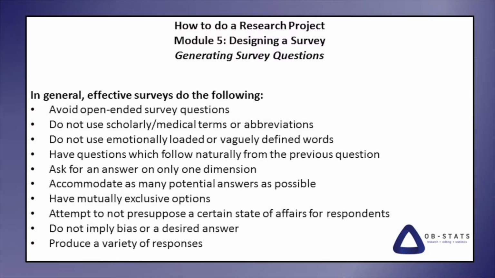In general, effective surveys avoid open-ended answers, do not use scholarly or medical terms or abbreviations, do not use emotionally loaded or vaguely defined words, have questions which follow naturally from the previous question, ask for answers on only one dimension, accommodate as many potential answers as possible, have mutually exclusive options, attempt to not presuppose a certain state of affairs for respondents, do not imply bias or a desired answer, and produce a variety of responses.